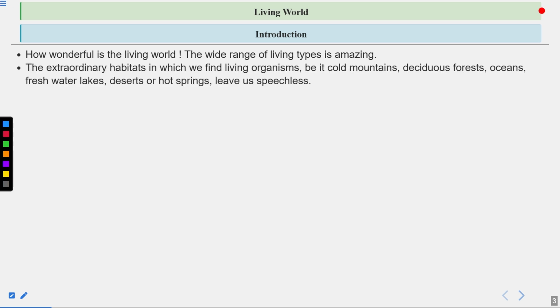Now, the extraordinary habitats in which we find living organisms, be it cold mountains, deciduous forests, oceans, freshwater lakes, deserts, or hot springs, leave us speechless. You can see these living organisms occupy various habitats, various regions of this planet Earth.